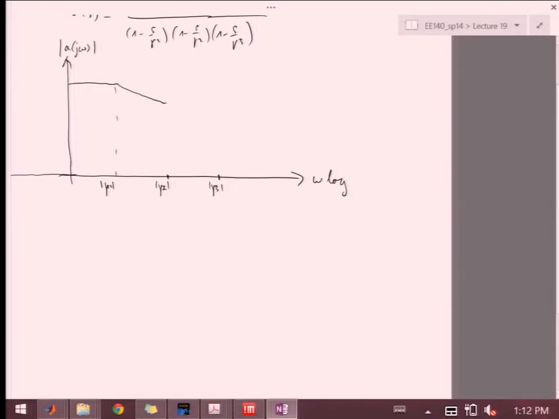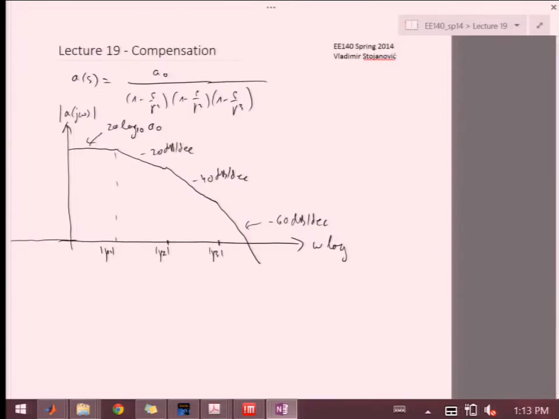And at every pole, we would get an extra minus 20 dB of slope, with this being 20 log 10 of A0, right?